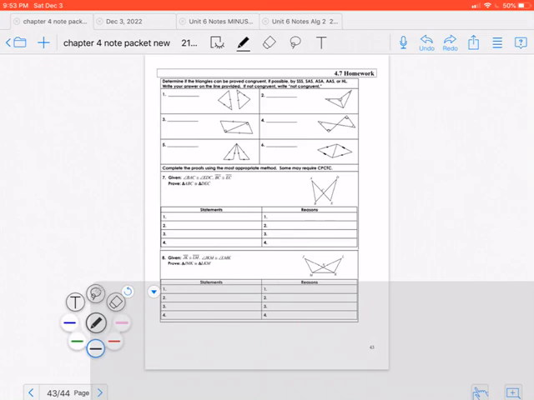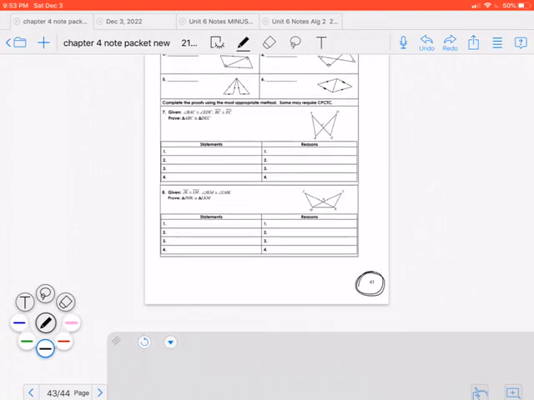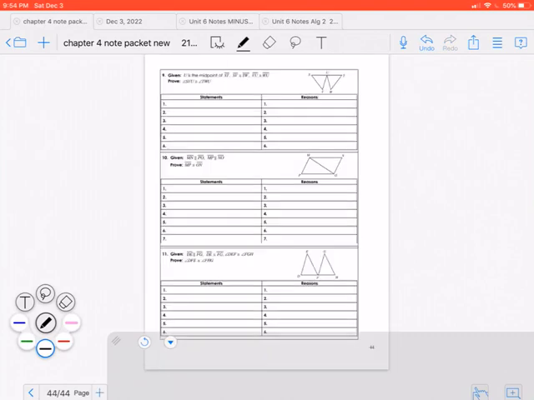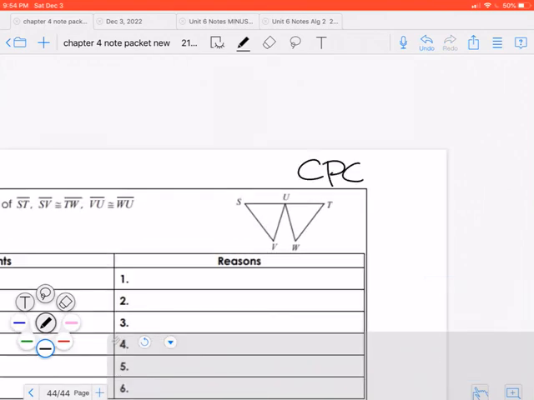Okay, you guys are going to be happy for this. Your homework for tonight is only page 43. Page 44, all of these use what we call CPCTC, corresponding parts of congruent triangles are congruent.